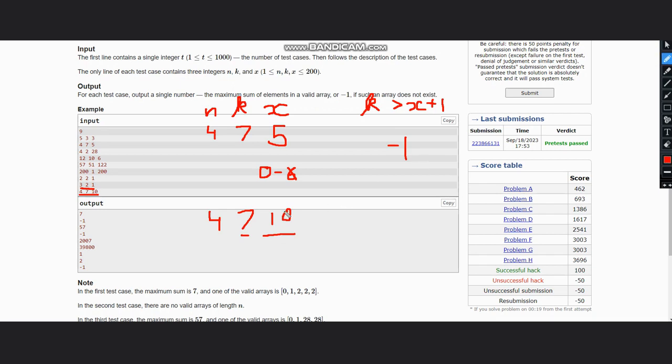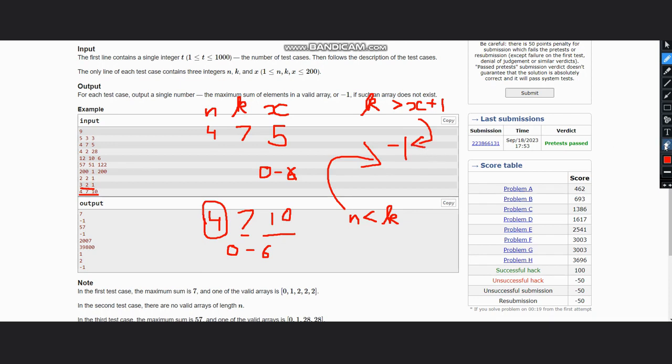Because I can't exceed 10, but I can have 0 to 6 values. But I need to have 0 to 6 so that the mex value is 7, and what is my n? Only 4. This means when n is less than k, then also you will output -1. So we have two cases of -1.